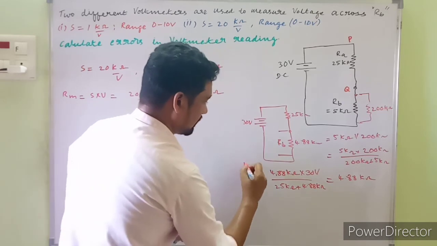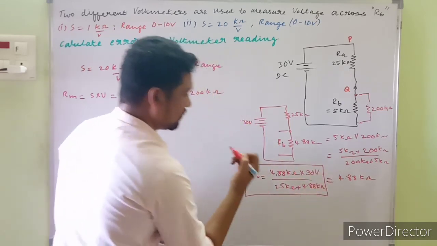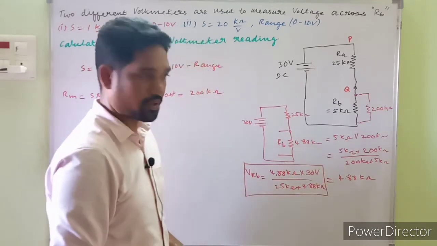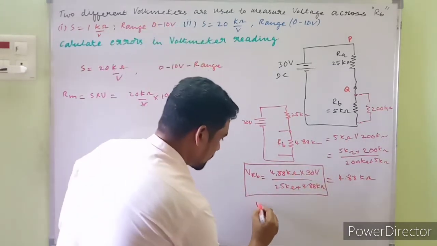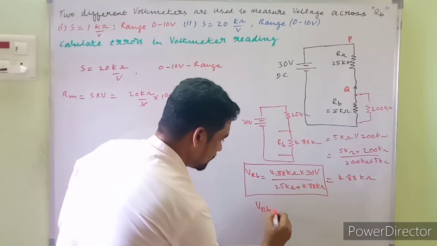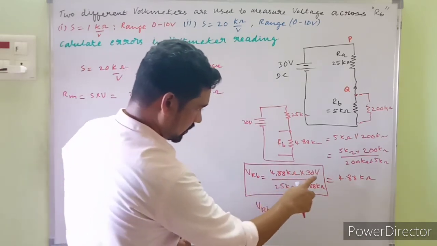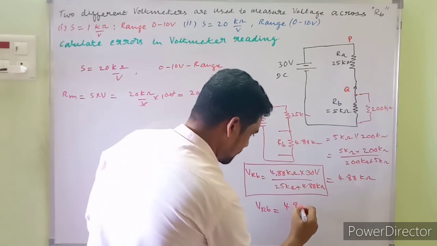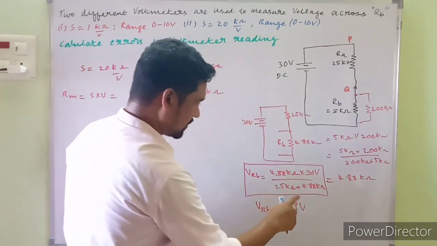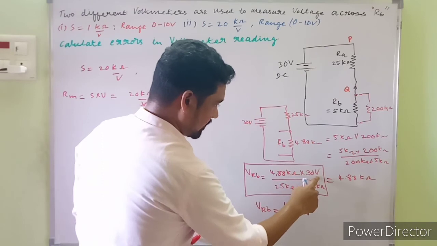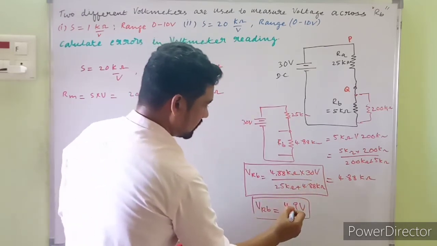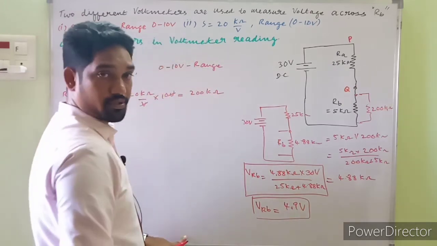This is the new drop across RB with the new equivalent resistance. Simplifying this, VRB is nearly 4.9 volts. The kilos get cancelled and we are left with voltage. Now this will be the new 4.9 volts.